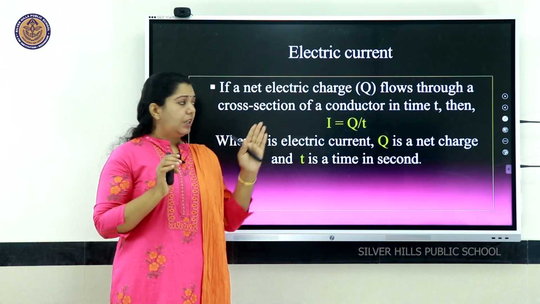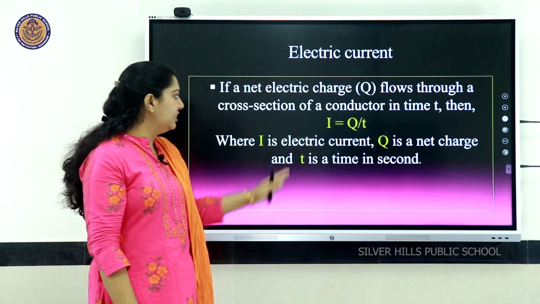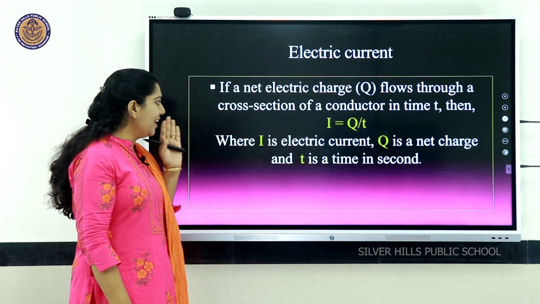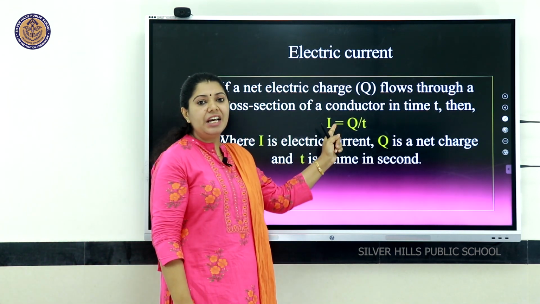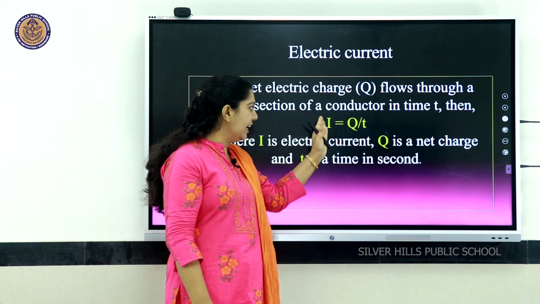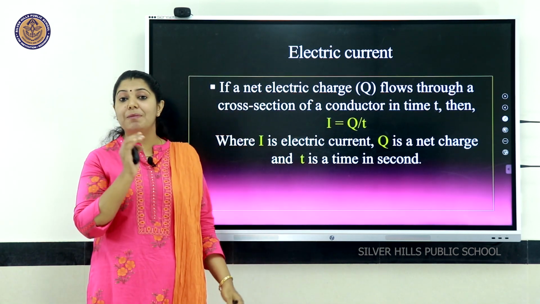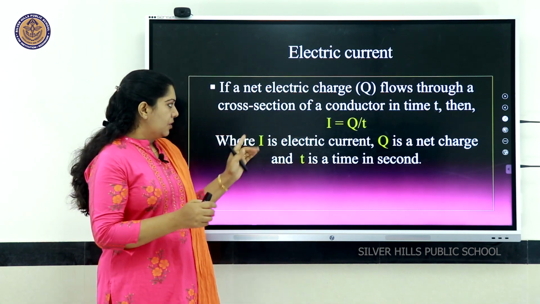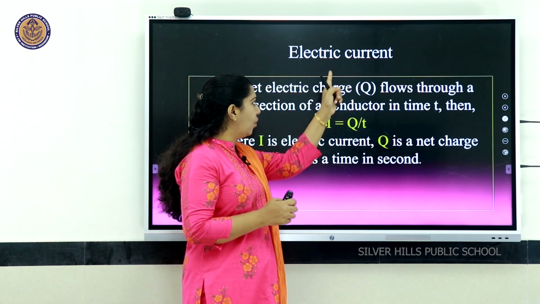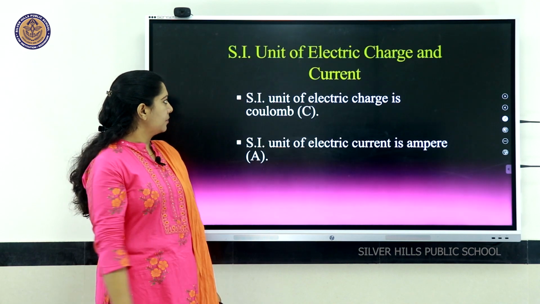That means if Q is the quantity of charge and T is the time, then the current I is equal to Q by T, where I is the electric current, Q is the net charge and T is the time in seconds. So this is the equation for electric current, I is equal to Q by T.